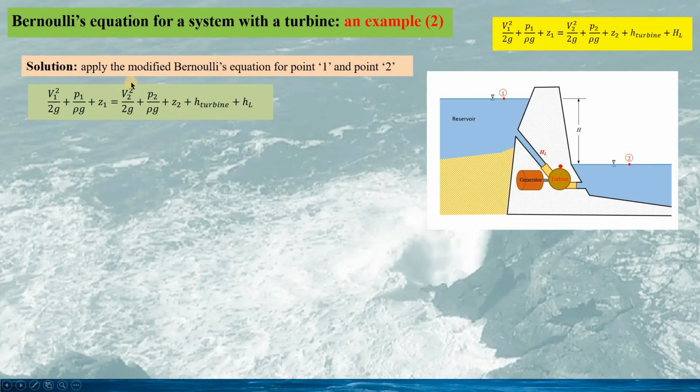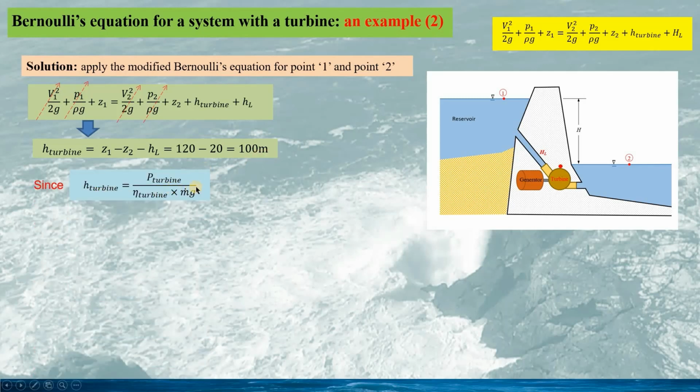In the solution, we apply the modified Bernoulli's equation for point 1 and point 2, given as this equation. Since V1 and V2 are both 0, these two terms vanish, and this term and this term cancel each other because P1 and P2 are the same. So from this equation, we can obtain H turbine given by this, and H turbine would be 100 meters.